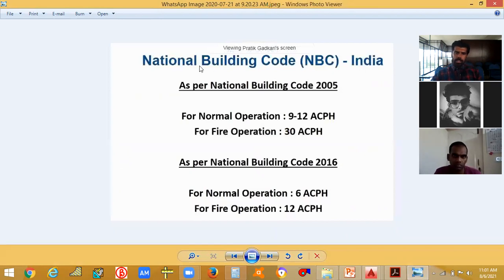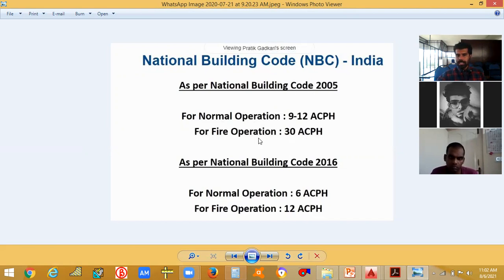As per National Building Code 2005, for normal operation it was 9 to 12 air changes per hour. For fire operation, if there is an emergency, you can give 30 ACPH, air changes per hour. That was the National Building Code regulation of 2005.